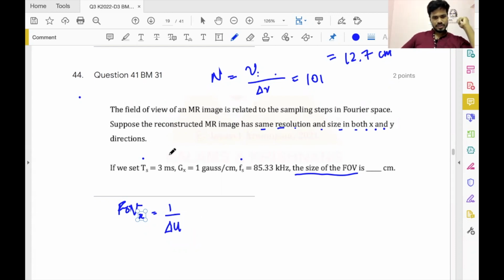Okay, so from Gx, we have gamma hash, let's say that is 42.5 megahertz per Tesla. Okay, can we find delta u from the given information? Yes, sir.